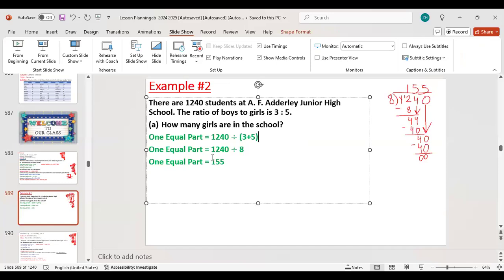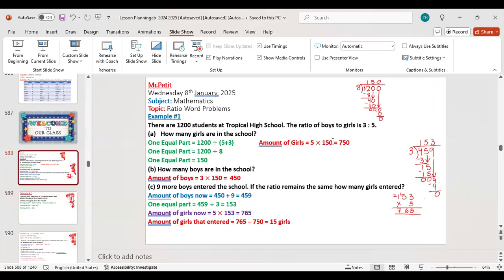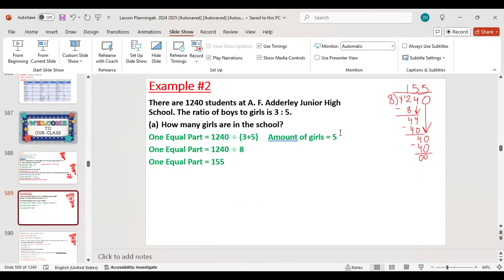Next, we have to figure out the amount of girls. Which answer did y'all get, by the way, for the amount of girls? Oh, y'all didn't do it yet? Girls is 775.